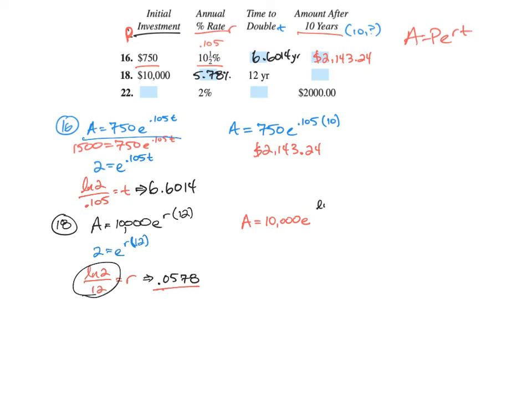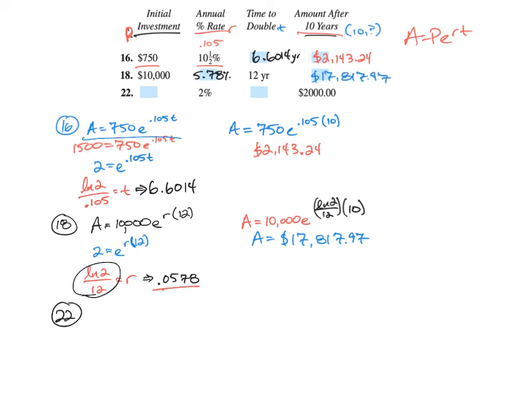And then my time is going to be 10, after 10 years. Now I just put that into my handy dandy calculator. What do we get? 1797.